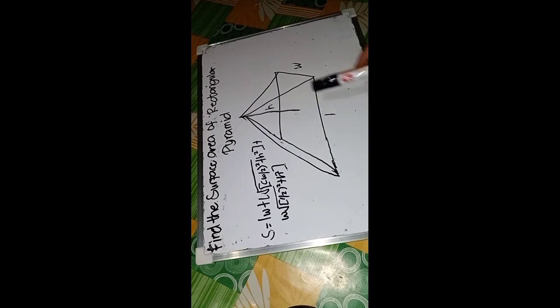L is the length of the rectangular base, W is the width of the rectangular base, H is the height of the pyramid. So L times W is the area of the rectangular base.